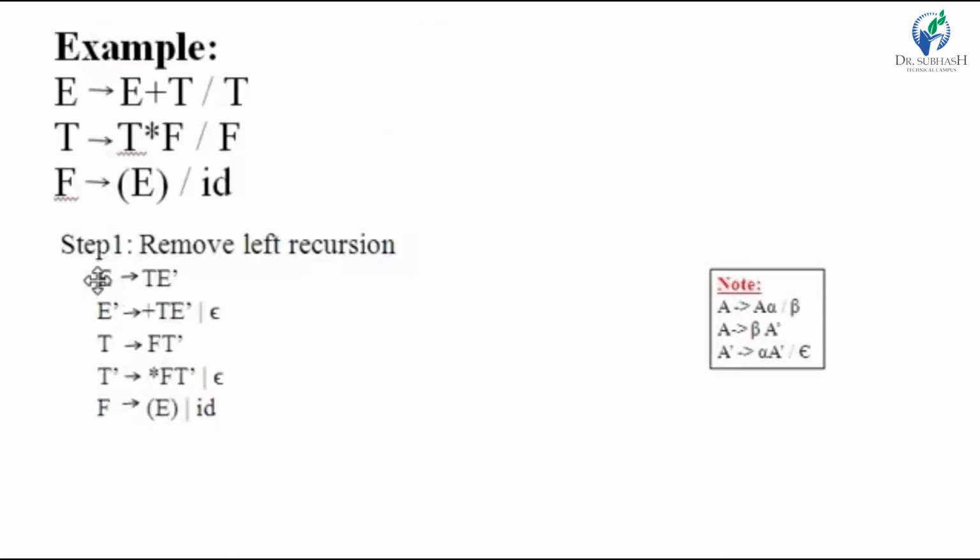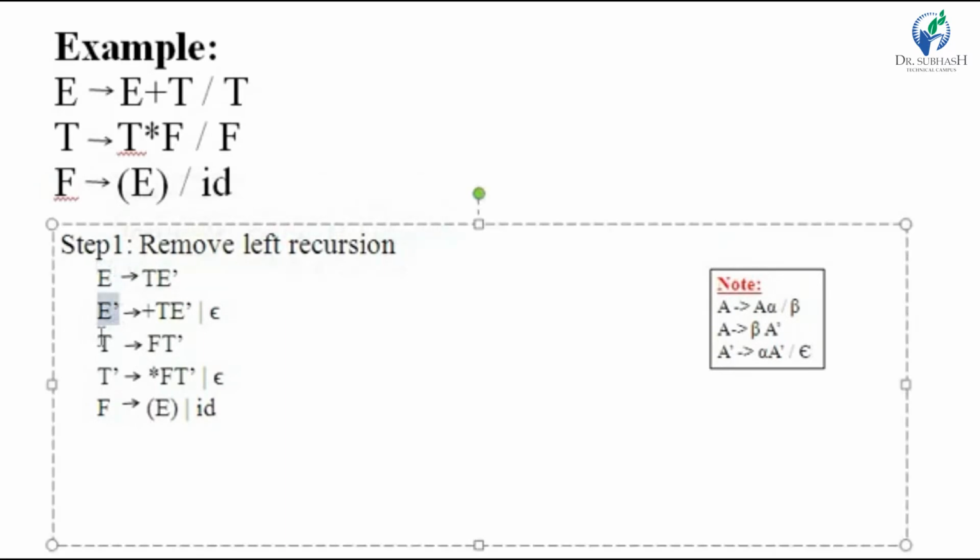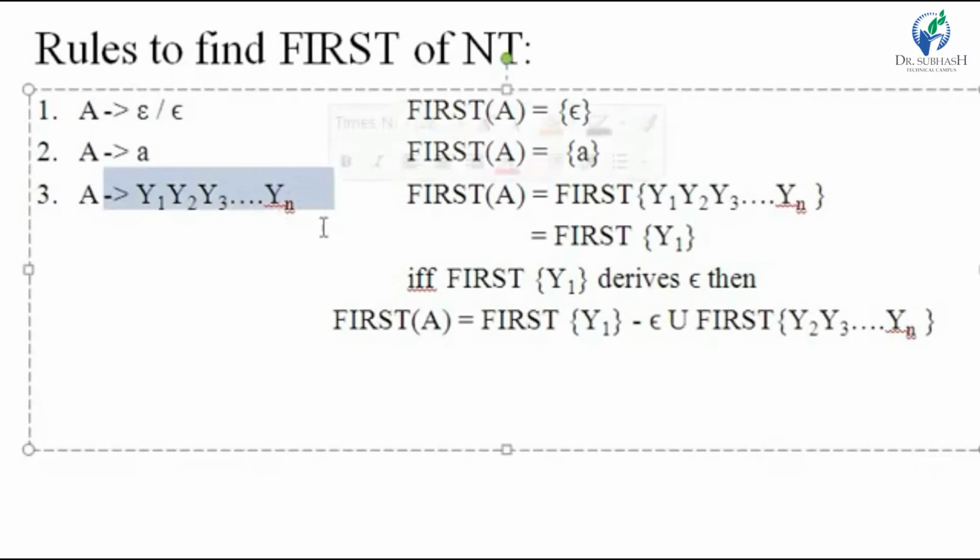So now let's compute first and follow according to these rules. Your grammar is E gives T E dash, and so on. Find first and follow of the given non-terminals. Here the non-terminals are E, E dash, T, T dash and F. First we find first of E, according to rule number 3.